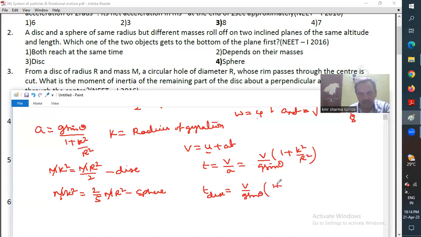Then K square for disk is R square by 2 divided by R square. This and this get cancelled. So this is 3 by 2 v by g sin theta. Next, for the case of sphere, same expression, v by g sin theta, 1 plus K square is 2 by 5 R square.